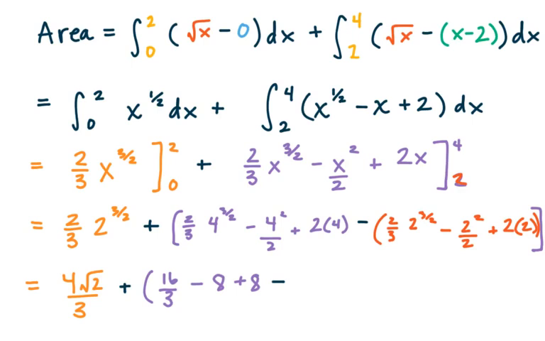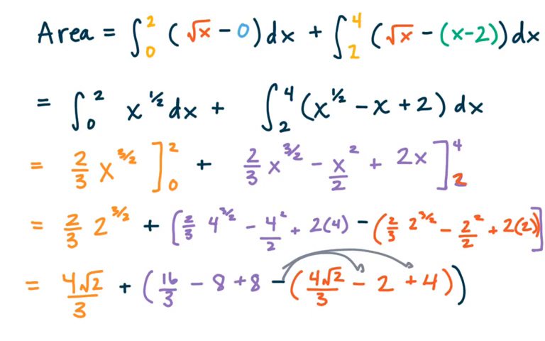Minus, this first term I get here is again 4 root 2 over 3. Minus 4 over 2 is 2. Plus 4. And if we look at distributing that minus, we can get rid of some parentheses in here.